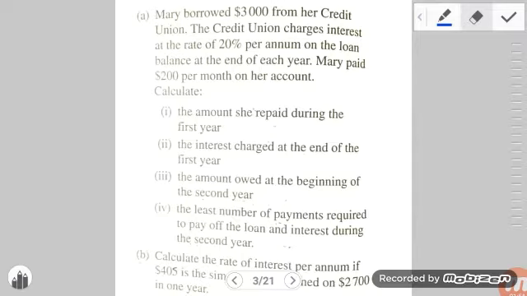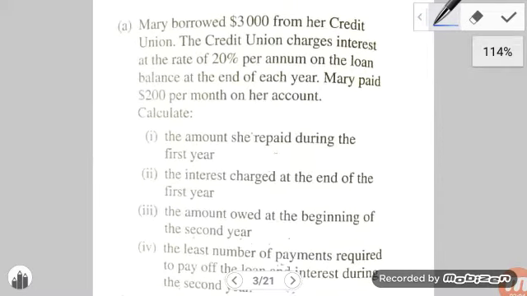Alright, so let's start. I've already recognized here that the money that she has borrowed represents her principal, so we're going to leave it as P. And she's being charged 20% interest, but the interest is going to be the charge on the balance that she has at the end of each year. And she's paying $200 per month on her account.